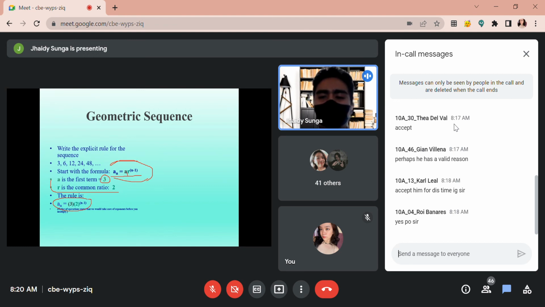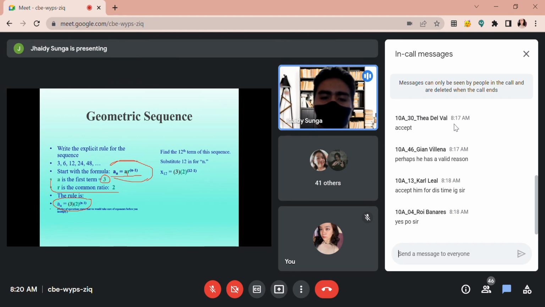But if I ask you to find the 12th term of the sequence, what are we going to do? We now have the values of n. So what we are going to do is substitute the givens. After substituting, you know it already, how to substitute.